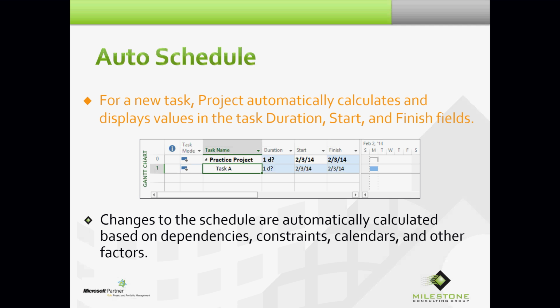Now, before I move on to manually schedule, one of the concerns that's been presented to me over the years is that as soon as you enter in a task in auto schedule mode and Project displays dates, if other people see those, even though these might not be the correct dates, they might think those are the dates. Okay? So I've heard that many times over the years with Project. But in auto schedule mode, you enter in that task, Project automatically calculates and displays values in task duration, start, and finish fields.